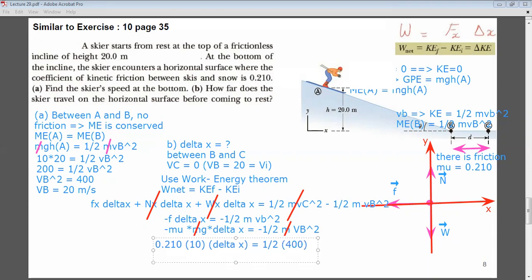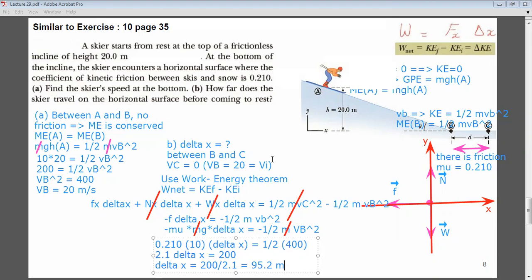So I get 2.1 delta x is equal to 200. So delta x is equal to 200 divided by 2.1, which is equal to 95.2 meters.